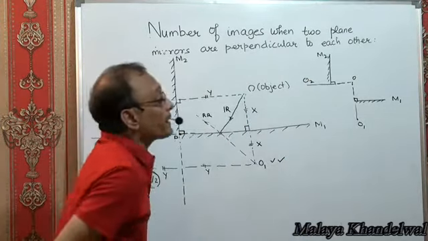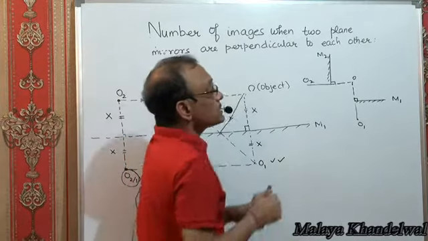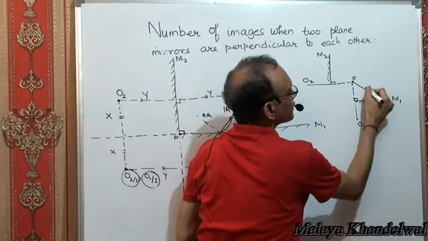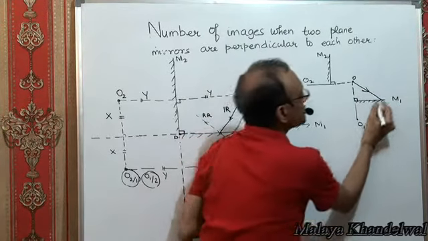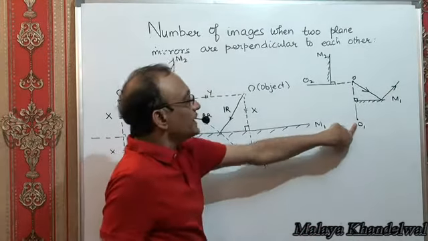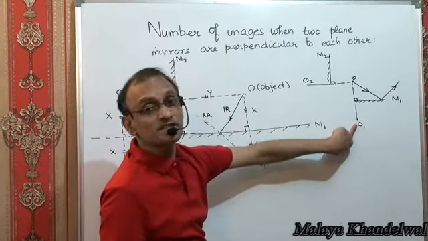Because if a ray of light starts from O and is incident on M1, then subsequent to reflection from M1, it will never reach M2. So M1 forms only one image, which is O1.